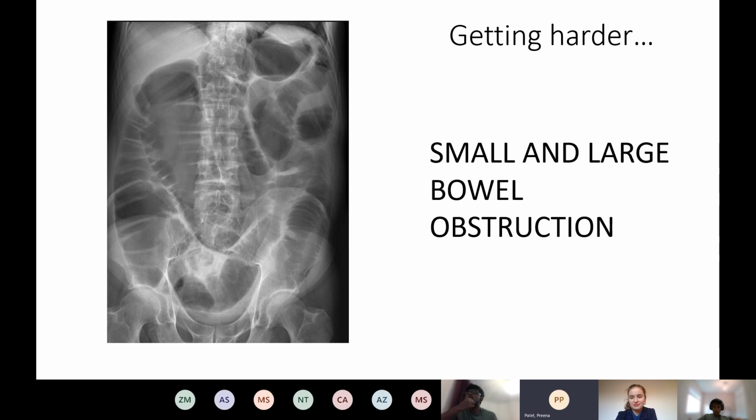Okay, well, it's actually obstructed. And the reason why I said it's getting harder is because this is small and large bowel obstruction. What's happened is they've got an obstruction really far down their GI tract, but they've also got an incompetent ileocecal valve. So the valve between your small and large bowel doesn't work, which means it's not just the large bowel that gets blocked up, it's both the large and the small bowel. So this is quite bad, it's quite severe.